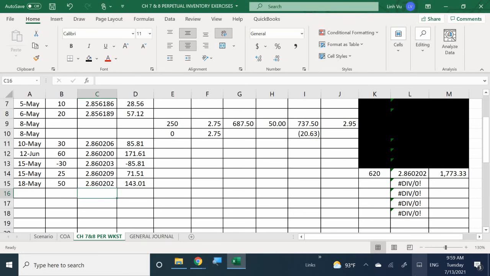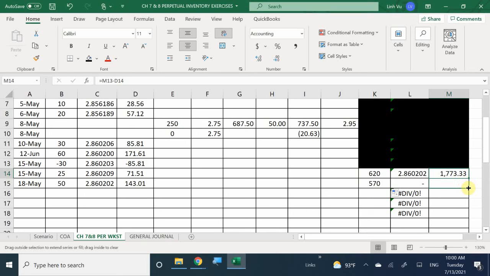Which brings us a total cost of goods sold to be 143.01. So in this case, if I sold 50 mugs, how much should I have left? 570. Good.